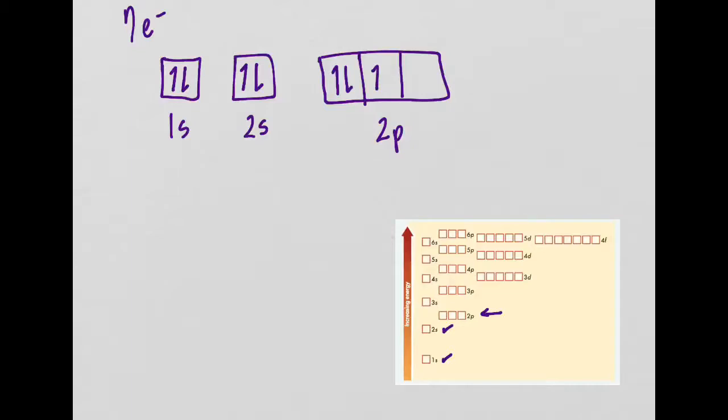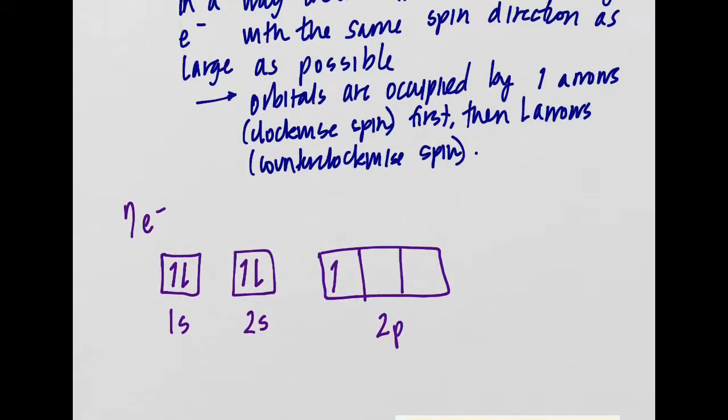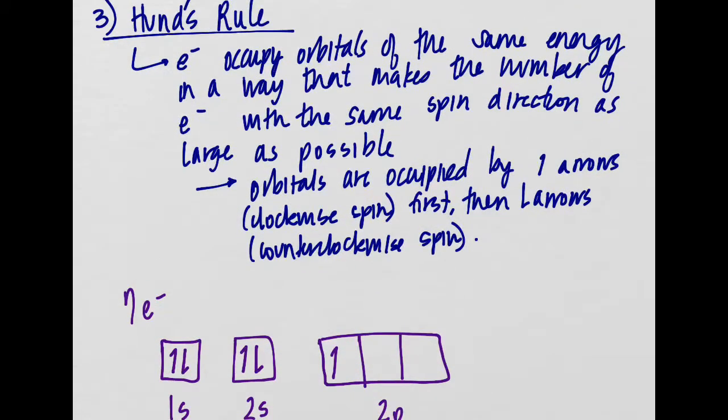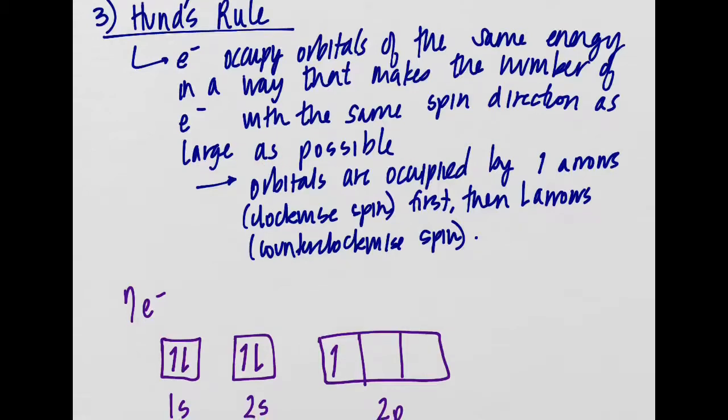But that is not correct. Hund's rule, this is correct, but the other 2 are not. Hund's rule says that electrons occupy the orbitals of the same energy level in a way that makes the number of electrons with the same spin direction as large as possible.